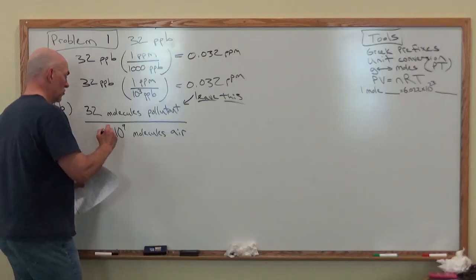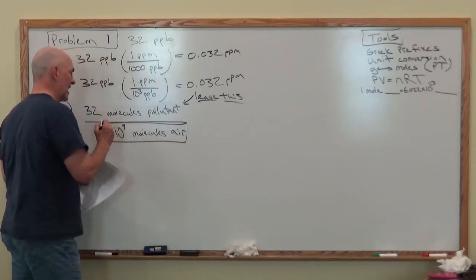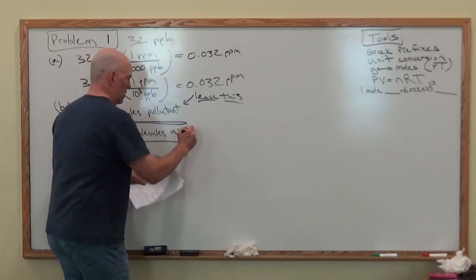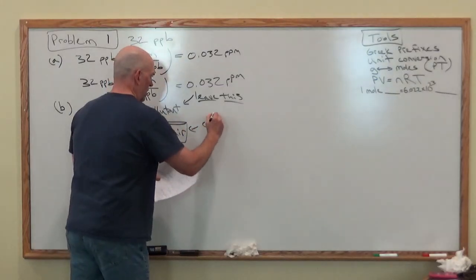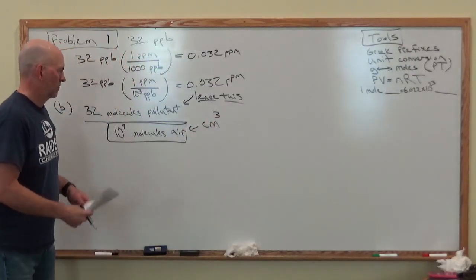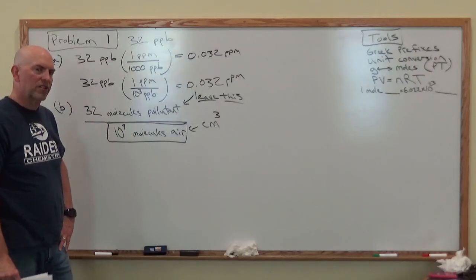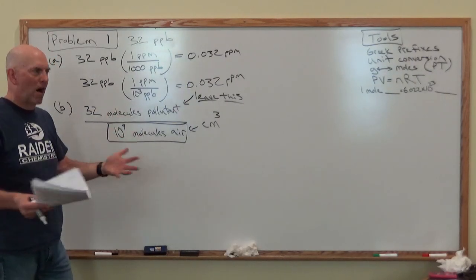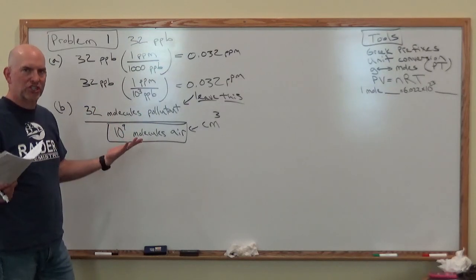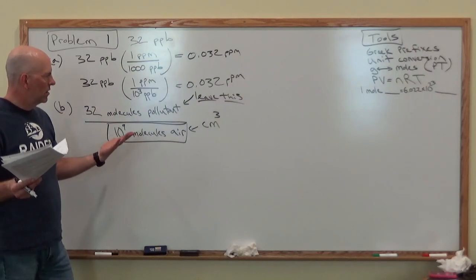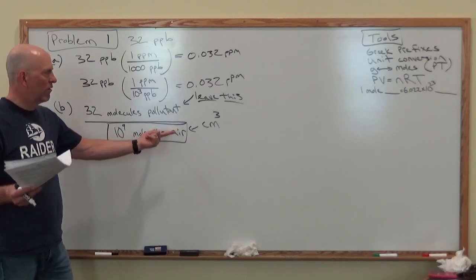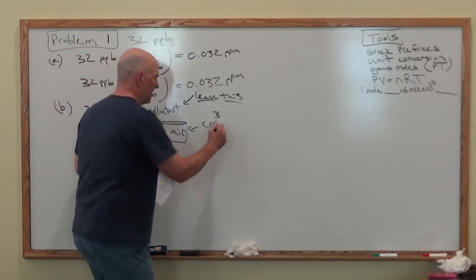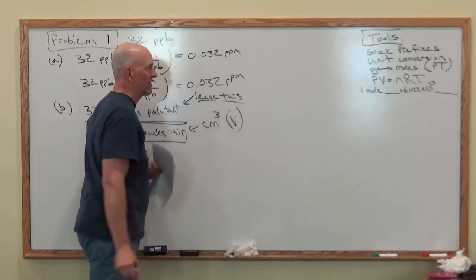So what we need to do is convert the denominator to cubic centimeters. How on earth do you do that? How do you go from some number of molecules, a complex mixture of air, to a volume? Because that's what this is. This is a volume. I think I'm kind of giving it away.